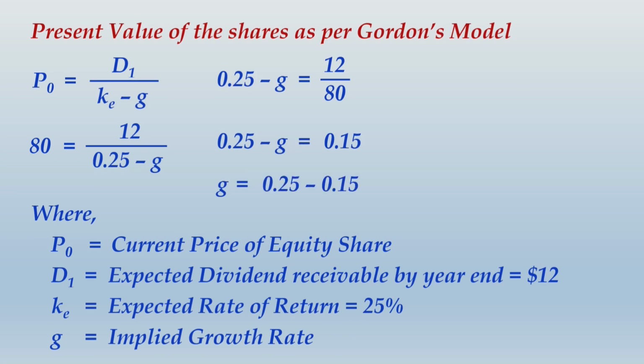So G will be 0.25 minus 0.15, and that gives you 0.10 or 10%. So it is clear that the implied growth rate is 10%. So please write up this whole thing. That will be the end of this solution as well as the end of this session.